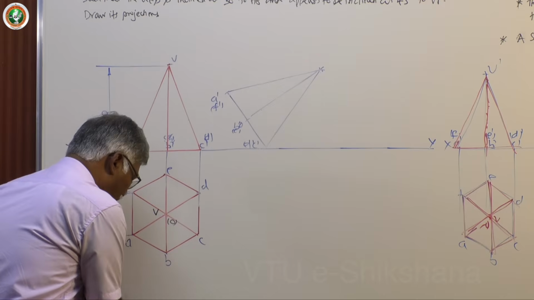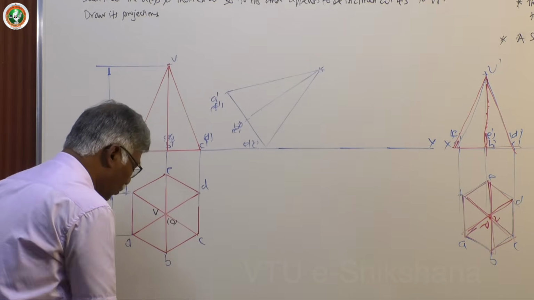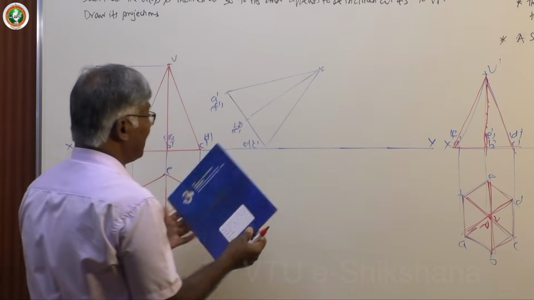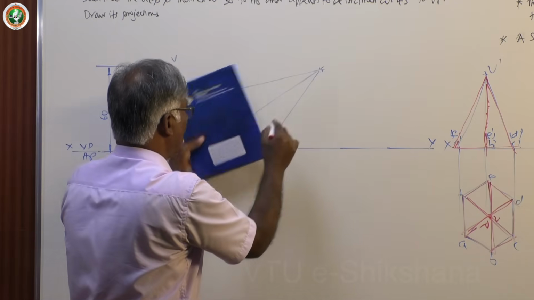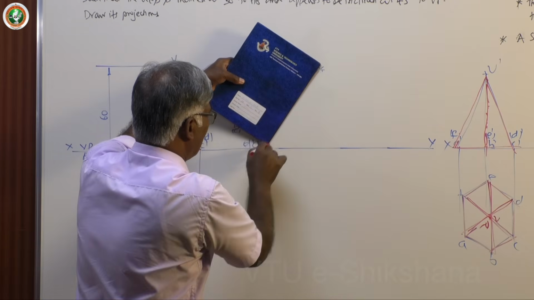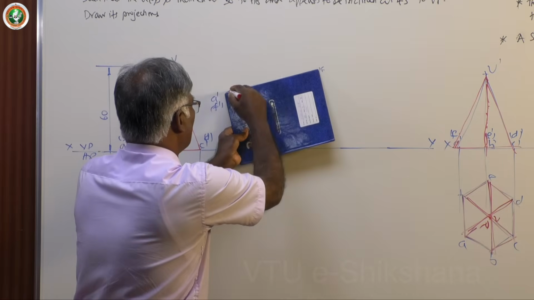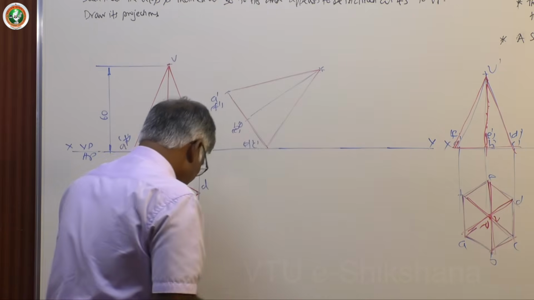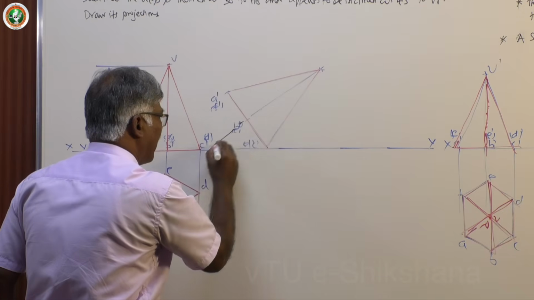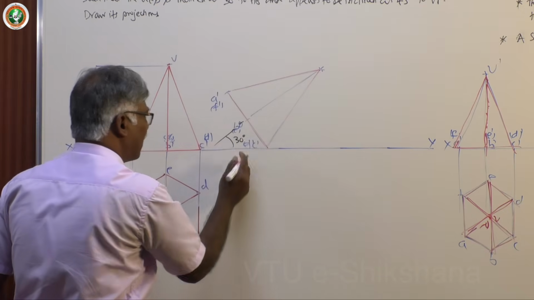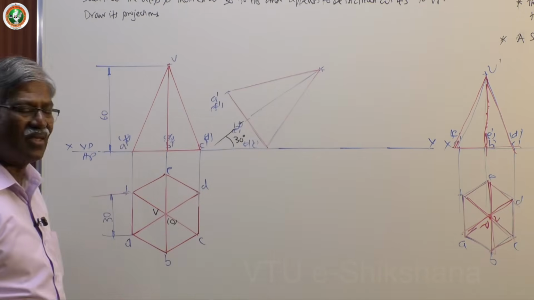This second figure front view actually refers to the inclination of the solid with HP. Now the requirement is for the axis. So draw the dimensioning reference. You can have this reference 30 degree. Actually you have taken 60 degree to the base.